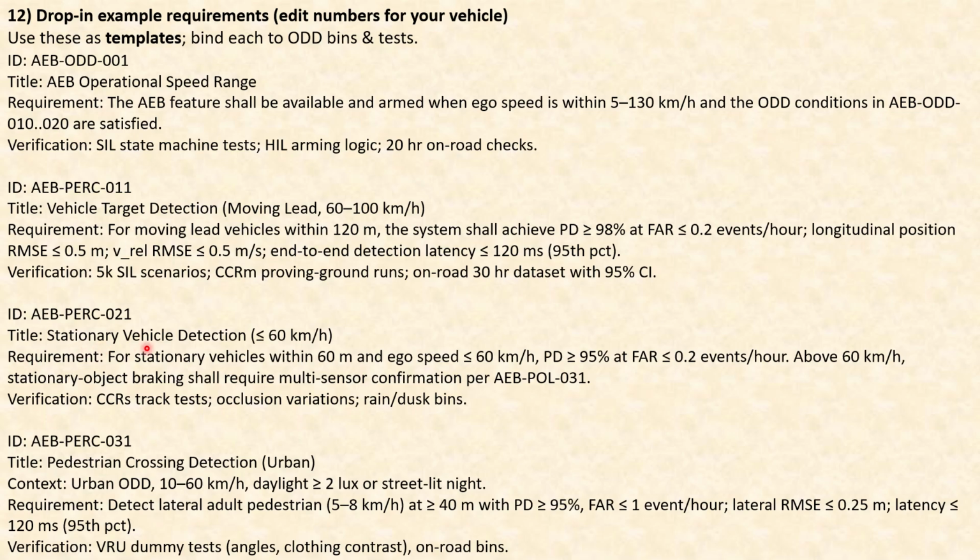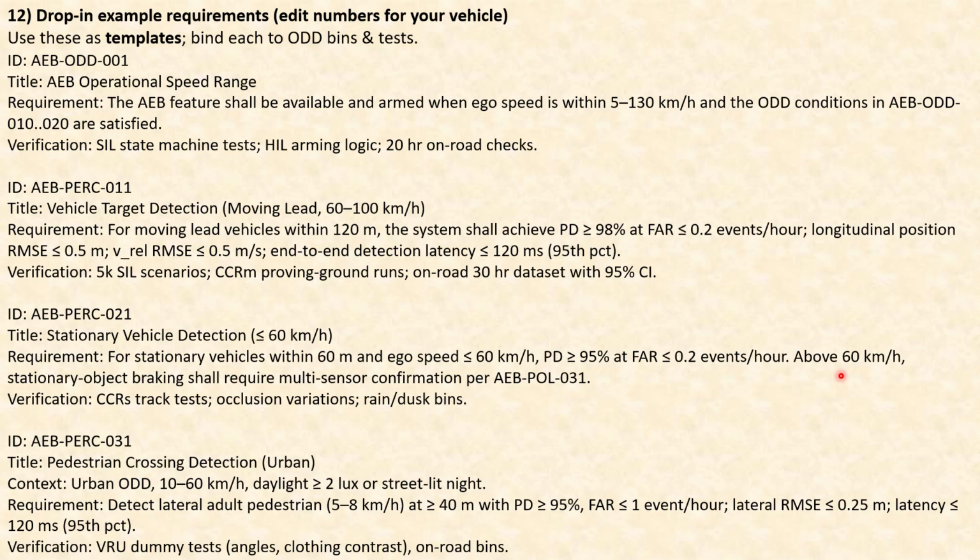Next is the stationary vehicle detection. In the previous step, we saw moving target vehicle detection, and for stationary vehicle detection, the ego speed should be less than 60 km per hour. So the requirement is for stationary vehicles within 60 meters and ego speed of less than 60 km per hour, probability of detection of 95% at a FAR less than 0.2 events per hour.